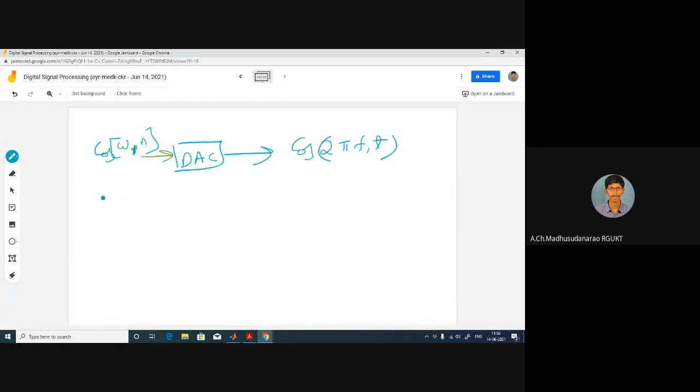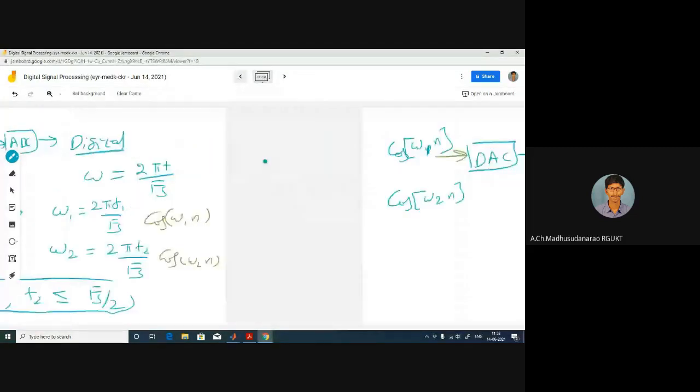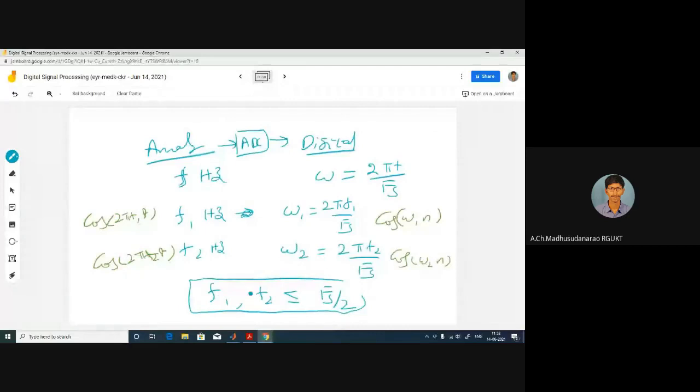And if my input is cos omega 2 n, the output of this one is cos 2 pi f2t. With these conditions, f1, f2 less than or equal to fs by 2. Let's assume that we are satisfying these conditions and we are going with that only. That's what we are doing, right?